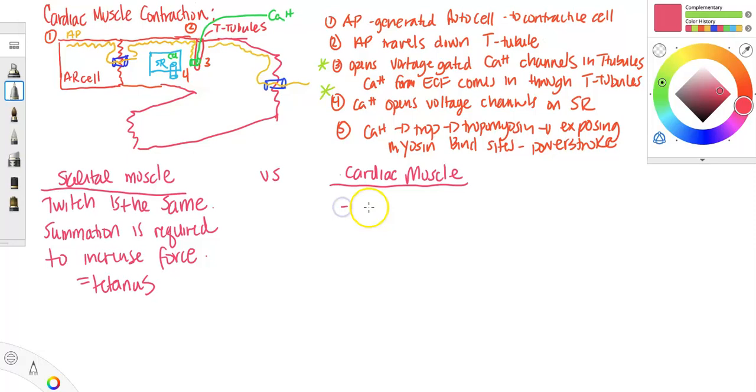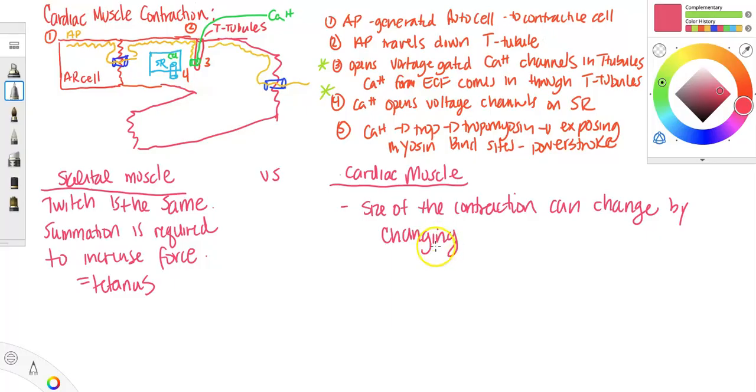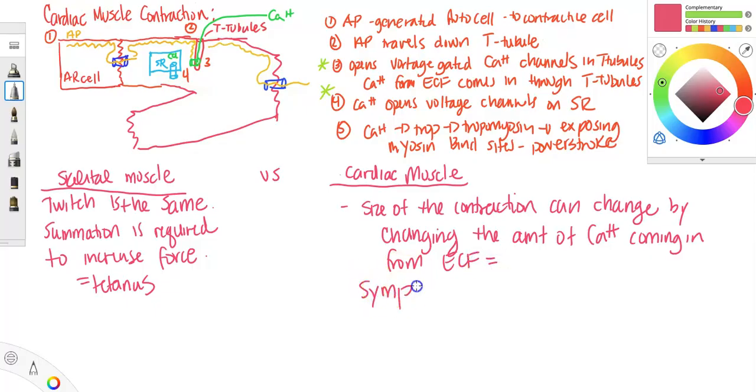So in cardiac muscle, the size of the contraction can be changed just by changing the amount of calcium that comes in from the extracellular fluid. And that's going to be a sympathetic function.